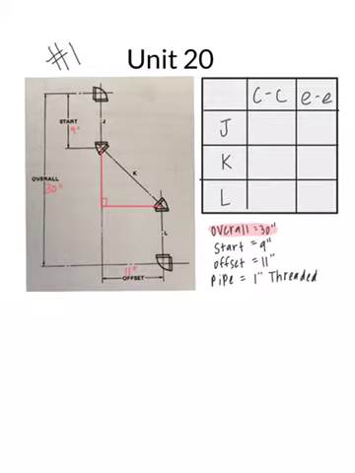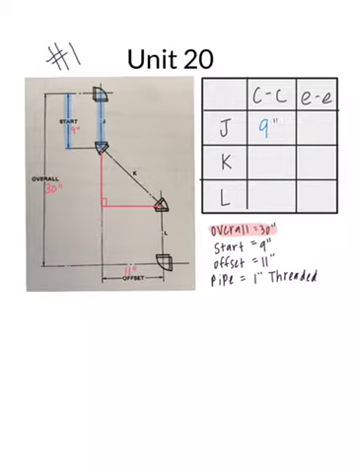Looking at pipe J, we can see that pipe J is from the center of this fitting to the center of this fitting, from the 90 to the 45. And you'll notice that's the exact measurement of the start. So we already know that pipe J from center to center is 9 inches.